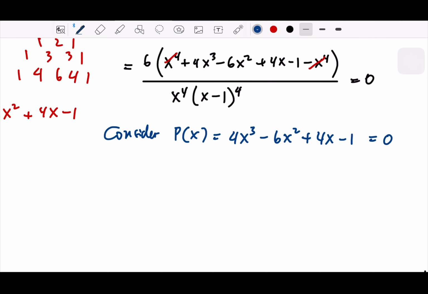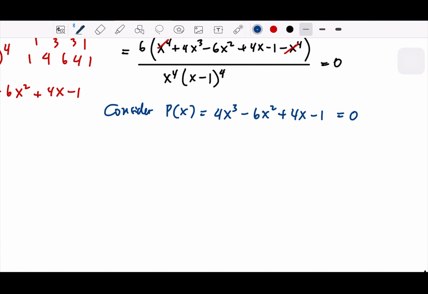But I need to go faster within these polynomials. To find the roots, first you can check the possible roots. It's from this divided by this, so factor of 1 divided by factor of 4.